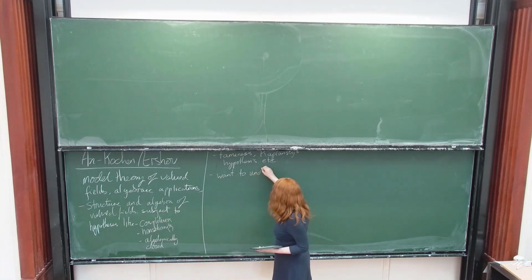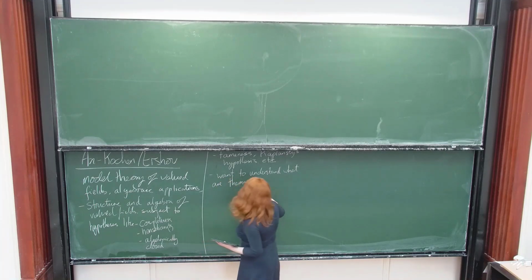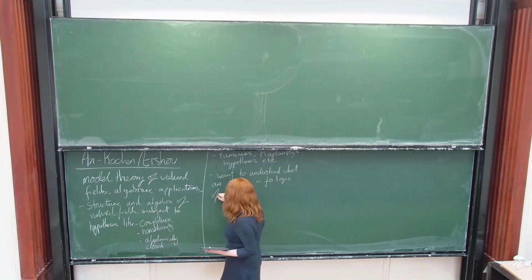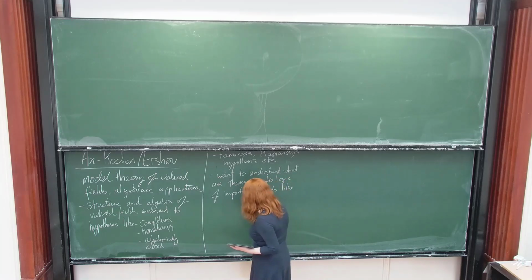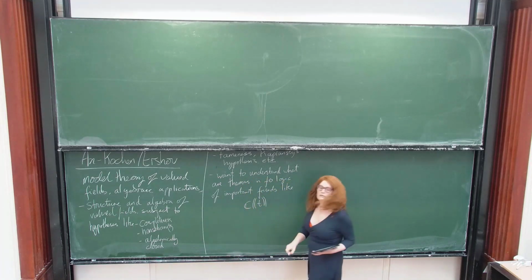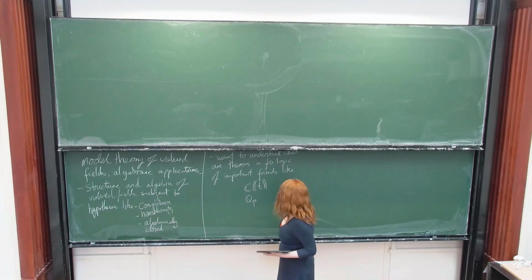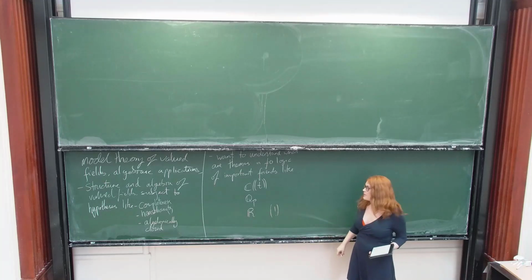I want to understand what are theories in first order logic of important friends like fields of power series, maybe p-adic numbers, even R. What do we know about these things?